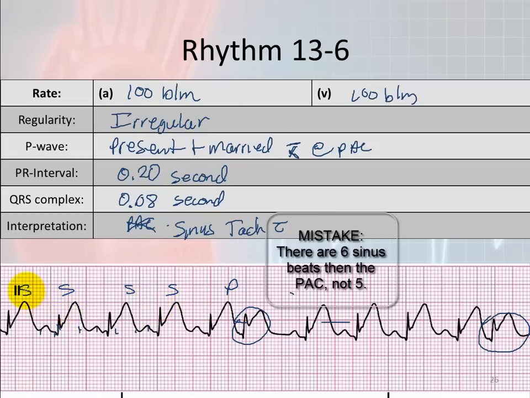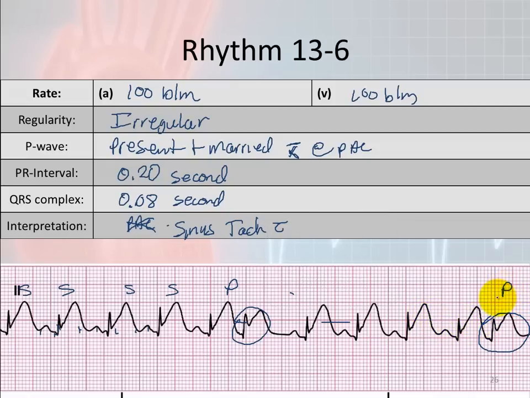So we have 1, 2, 3, 4, and then the fifth one is a PAC. This could be a normal pattern that occurs on this rhythm strip, but the problem is the rhythm strip for us isn't long enough. But we could say that the PAC occurs every fifth beat.